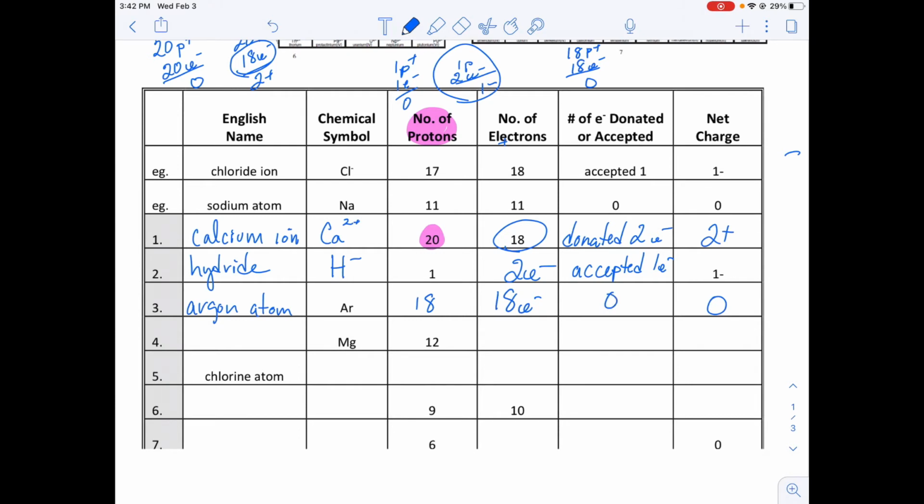The next one is a magnesium, and you can see in the symbol here that there's no charge. So this is going to be a magnesium atom. It has 0 charge. So if it has 0 charge and it had 12 protons, it must have 12 negative electrons. It'll have no electrons gained or lost. A chlorine atom.